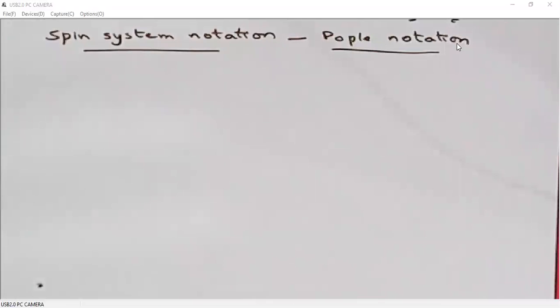Now we will look at the second order spectra. Of course, so far whatever we have learned, they are first order spectra. Now we will look at the second order spectra. So before going to second order spectra, we will look at what is a spin system.